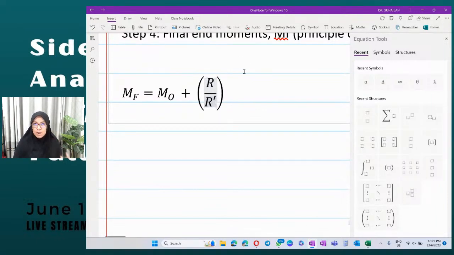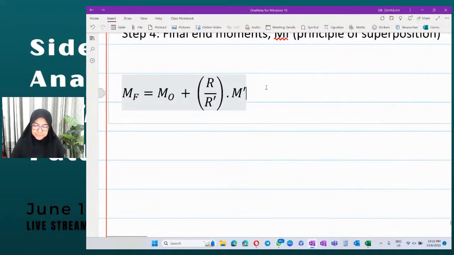R from table 1, from step 2, R prime from step 3, table 2. Times M prime. So this is the formula we get from the principle of superposition to calculate the final end moment.